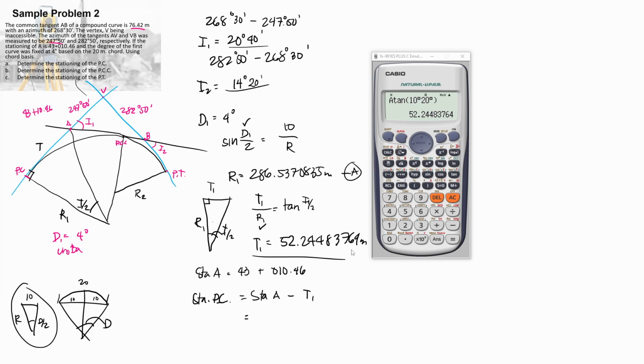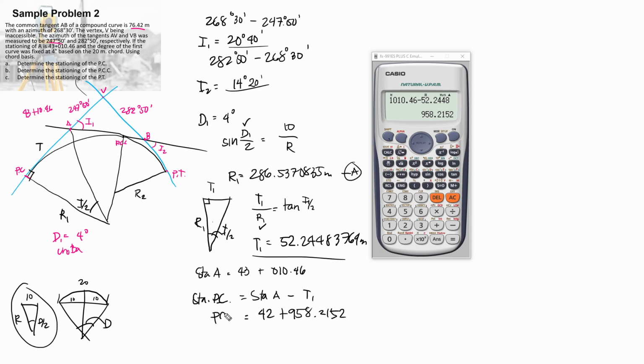So, it will give us, 43 plus, ano ba to? Hindi, 1010.46 minus 52.2448. Yun na lang yung ano natin. So, ito ay magiging 42 plus 958.2152. So, yun na. Kahit wala na siyang meters kasi stationing na siya.